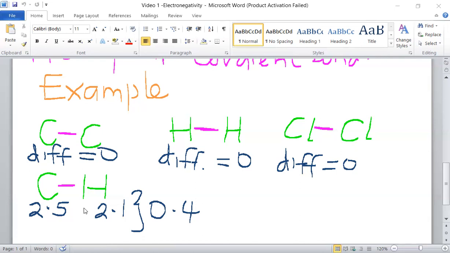We shall later see that that carbon atom is called sp hybridized carbon. That bond is slightly more polar than the carbon-hydrogen bond in alkanes. So here I'm concentrating on the carbon-hydrogen bond in alkanes. This carbon-hydrogen bond is essentially non-polar.